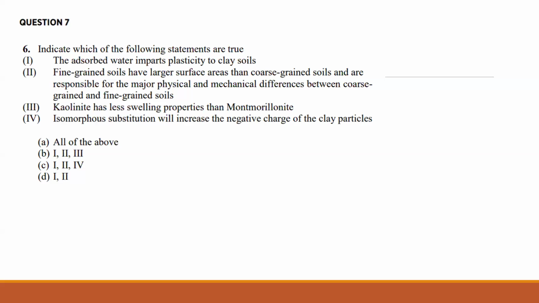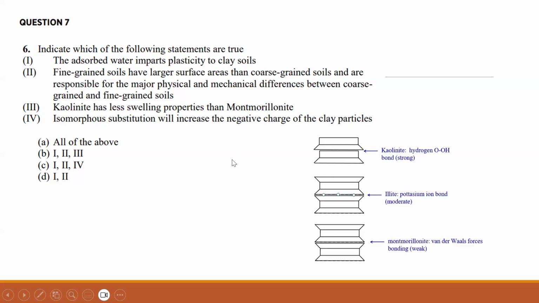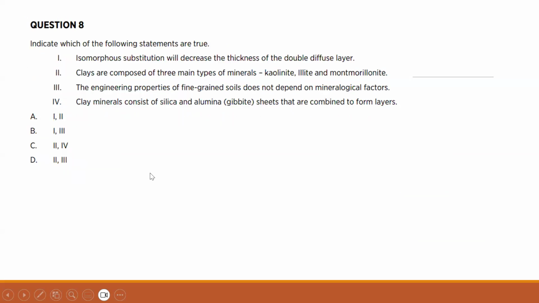Fine grain soils have larger surface area than coarse grain soil. We already discussed that. Kaolinite has less swelling properties. We already discussed that. Isomorphous substitution will increase the negative charge of the clay particles. That's also discussed. So that's all theory. This part I already discussed in the previous one.